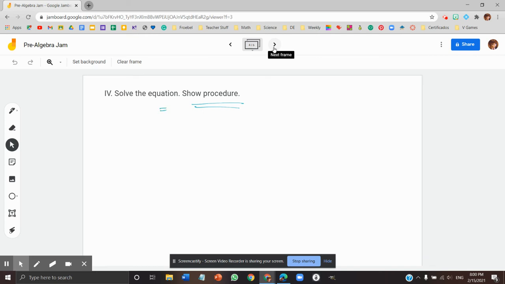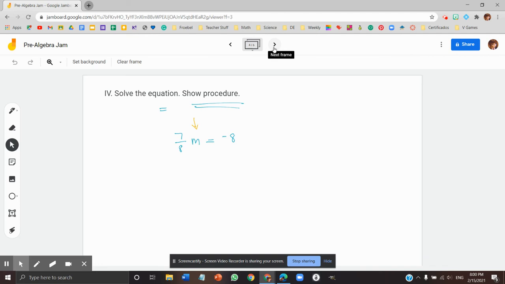So for example, if I have 7 over 8 m equals, and again that equal sign makes this an equation, negative 8. What is the first thing that we do? We need to always have in mind that I want to know what m is.